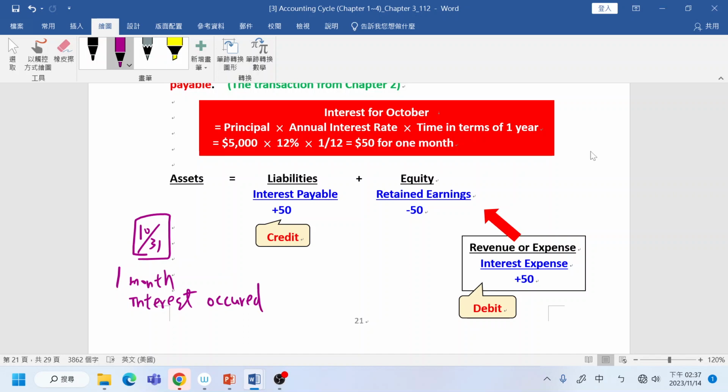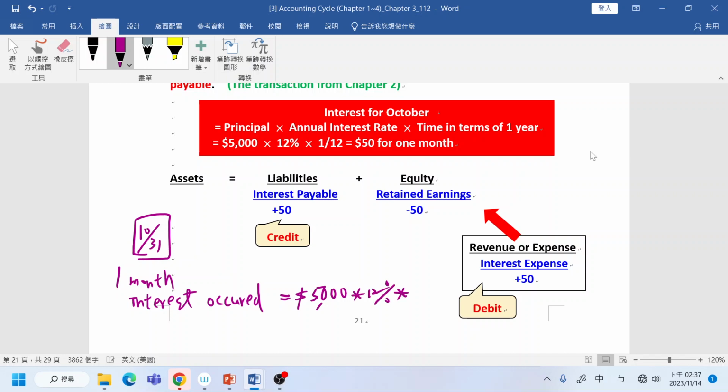Okay, so what we are going to do, we try to record 1 month interest occurred. Okay, so 1 month interest, how much? $50. So $50 is 1 month interest. $5,000 times 12%.